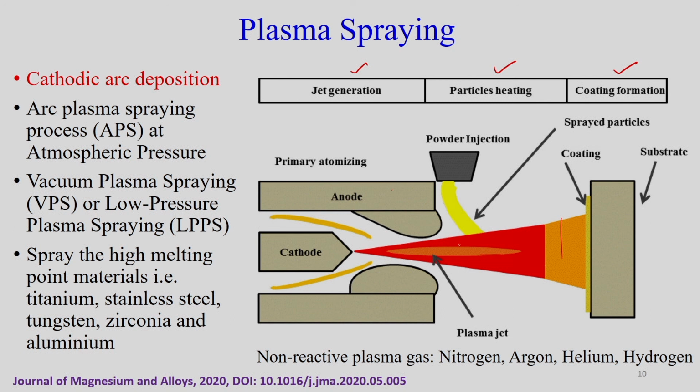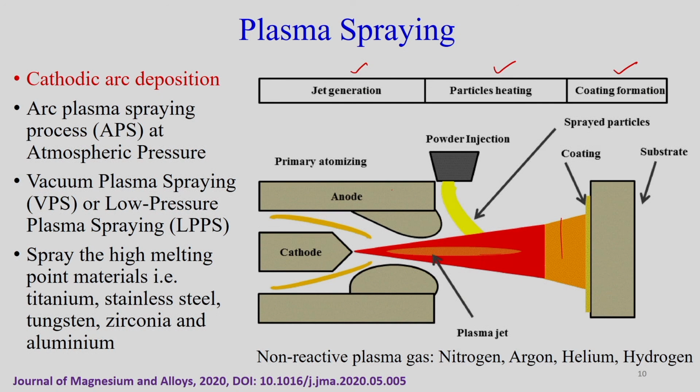So, this is the plasma jet. Because it is coming through the cathode, you call it cathodic arc deposition. Basically, because of the arc, a very high temperature is generated so that the plasma is formed, and the material which we are going to coat comes in the plasma and gets coated on your substrate.